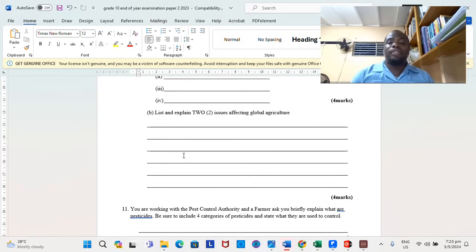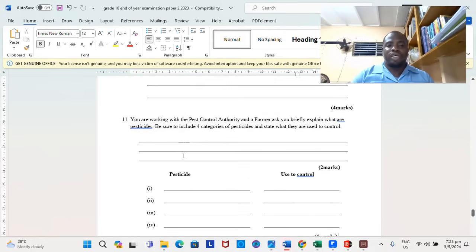Crops such as plantain or banana that may take 2 years, or 1 year and a couple months, to reach maturity may become stunted. And so these are some of the global issues affecting agriculture: pollution, whether water, air, or land.